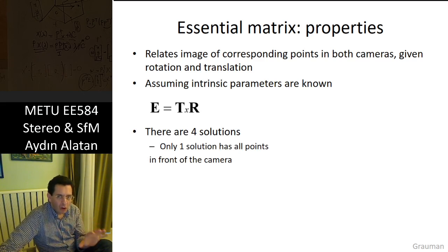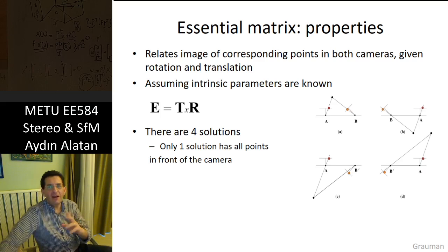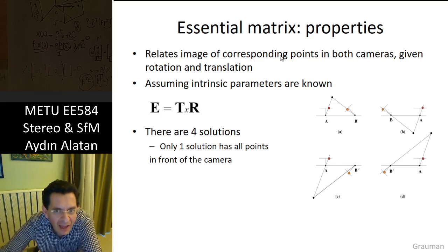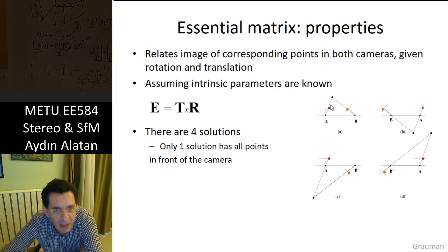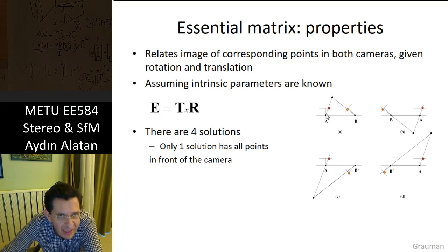Although I haven't solved it, later I'm going to show how to solve this. There are 4 solutions for rotation and translation. Here are your solutions. These are 3D points shown from the top. A, B are 2 cameras. This is the image plane, this is the image plane, this is the focal length, this is the focal length. Please note, this camera and that camera are far away from each other by the same amount.